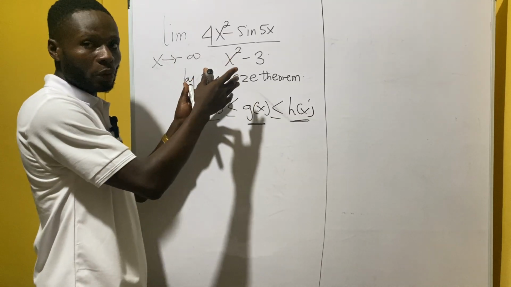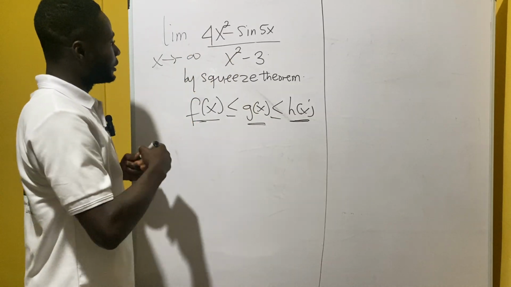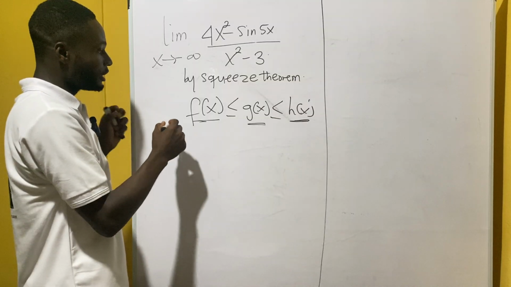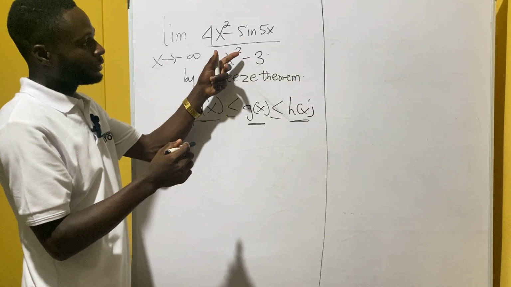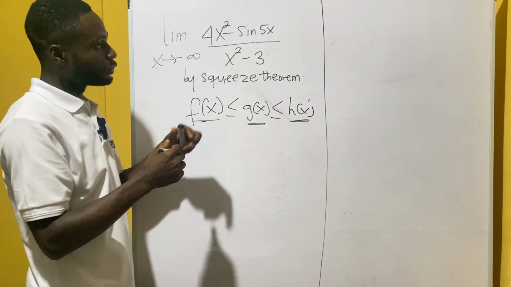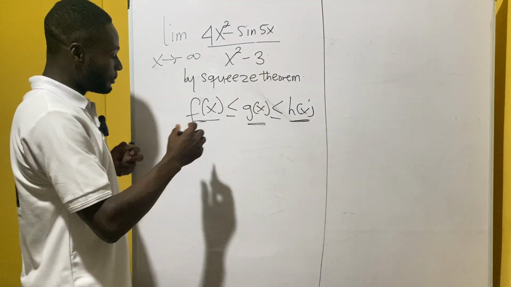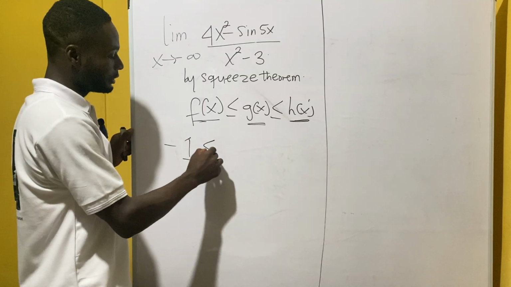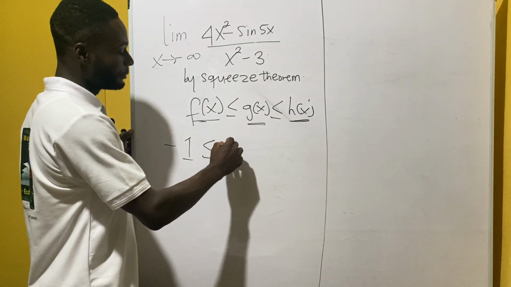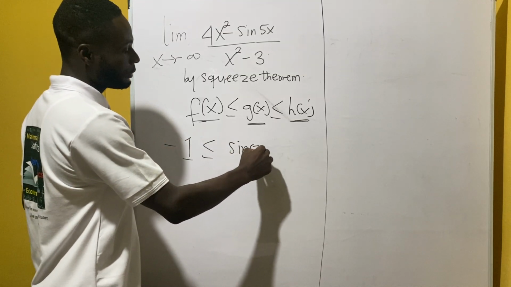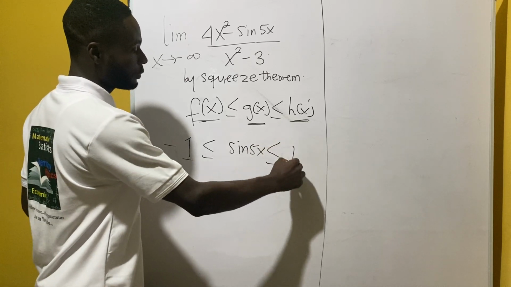So let's look at how we can deal with this particular problem right here. We have to set up the squeeze theorem. We know that sine lies between -1 and +1.